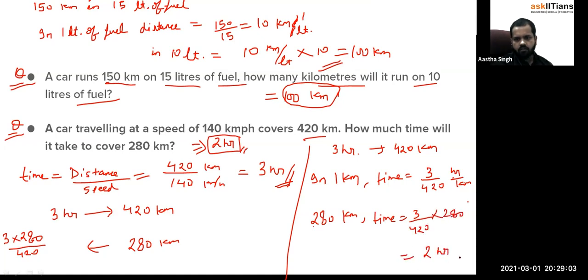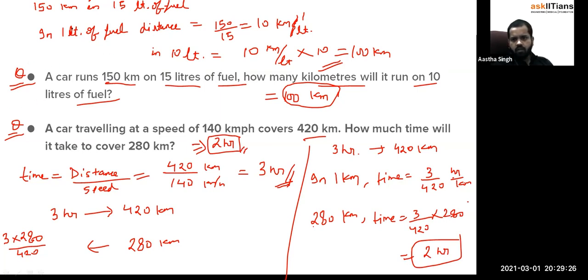Just calculate, you will get 2 hours. The point is clear that for the unitary method, just try to find out the value of your one unit. In the second question, we calculated time for 1 kilometer and multiplied by 280 kilometers.